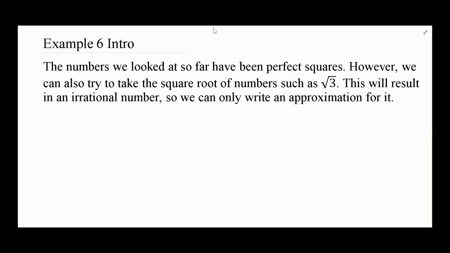One of the things I do want to point out about the square root of 3, depending on your calculator, if you're using the TI-30XS Multiview, the scientific calculator, if you're in math print mode, which I encourage you to be in, then when you type in the square root of 3 and hit enter, the answer it gives you is going to be square root of 3, which isn't exactly helpful. What we're looking for is a decimal approximation here.